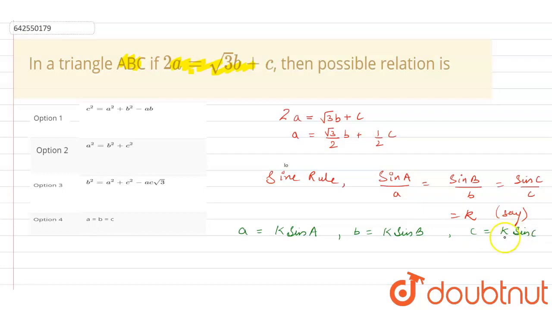Next, let's put these values of a, b and c in this equation, equation 1.